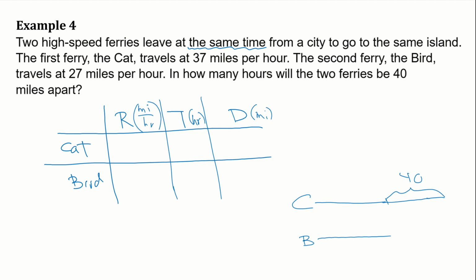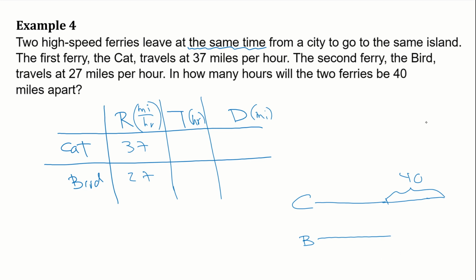So we know that Cat travels at 37 miles per hour and Bird travels at 27 miles per hour. Now we know that they're going to be in motion the same amount of time when this event happens, which we're interested in, when Cat gets 40 miles ahead of Bird, right?